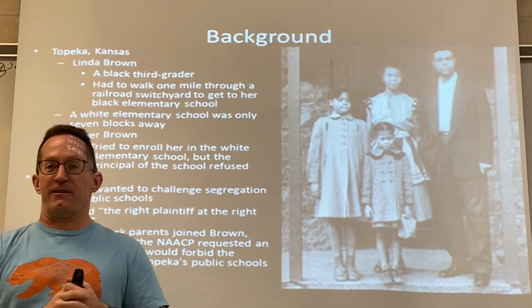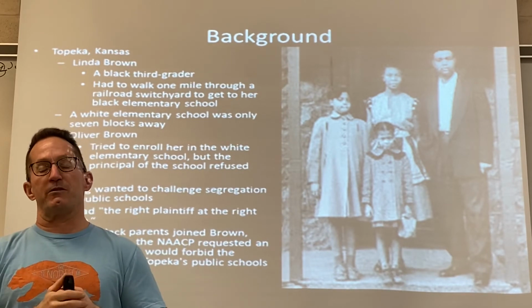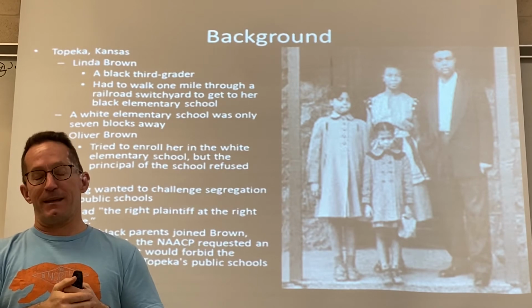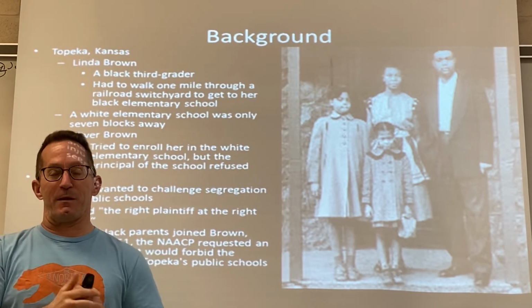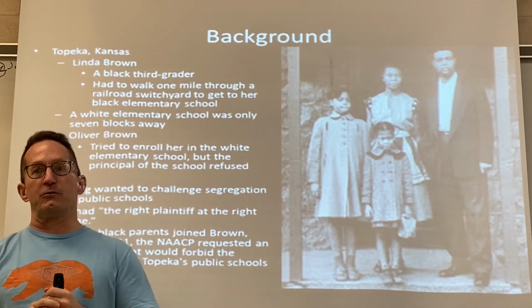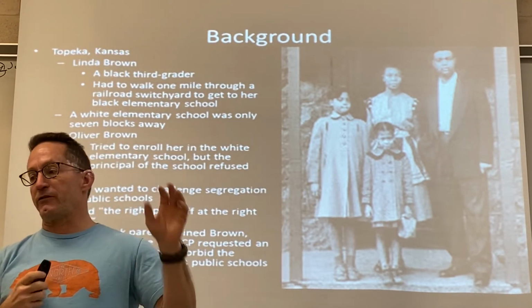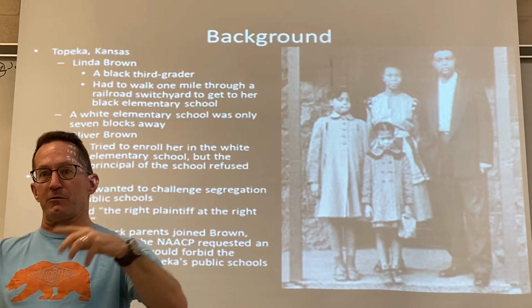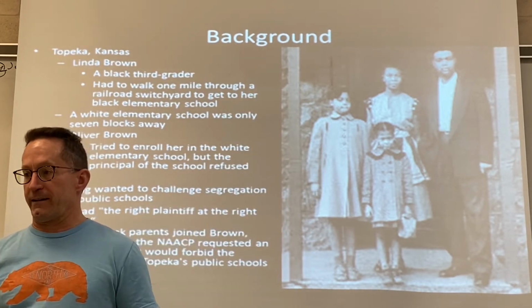My daughter should go there, which is exactly what the Brown family did. Board of Education in Topeka, Kansas said, no, you've got to go to the black school or the colored school. Lawsuit. These lawsuits work their way through the court system and finally get to the United States Supreme Court, the highest court in the land.